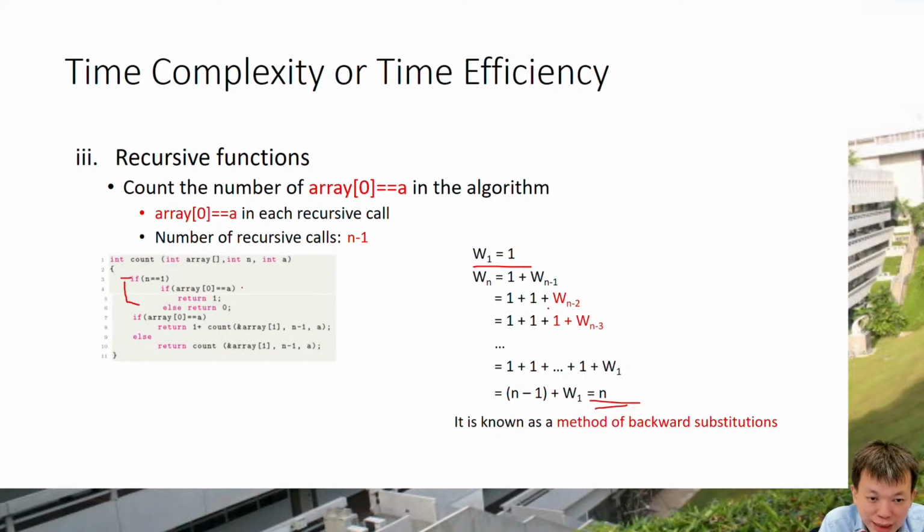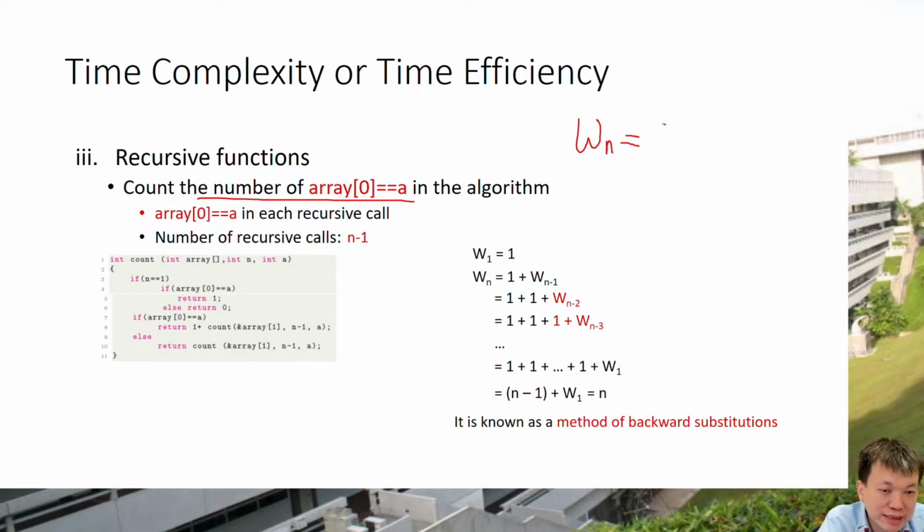What I want to tell you is that the approach I'm using is called the method of backward substitution. Let's say W is the function that represents the number of this primitive operation.